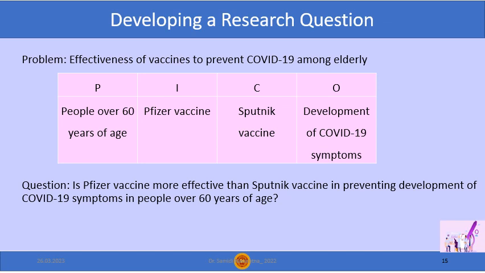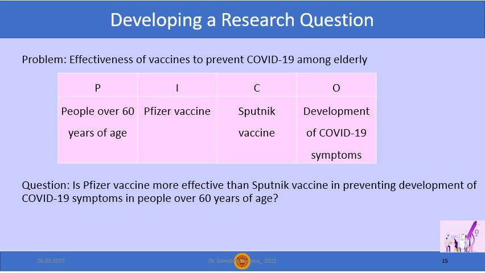Then the comparison, if applicable, identify the alternative intervention or exposure you want to compare with the primary one. Right, so this is used in case control studies or cohort studies where there's a control group. Then O stands for the outcome.